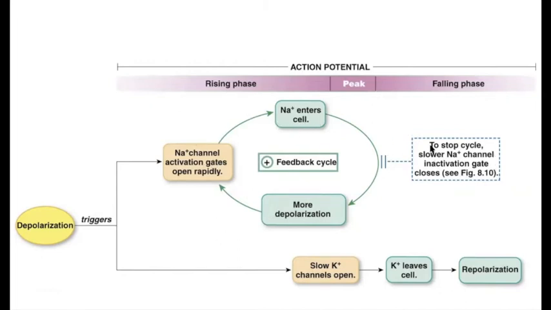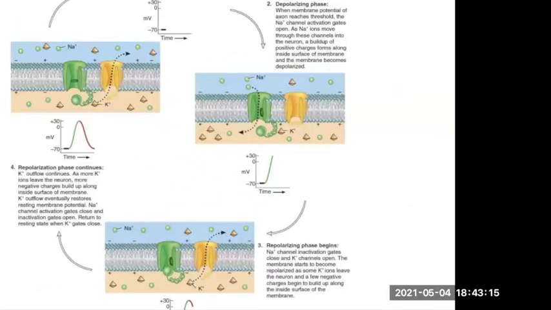And as this is happening, at any one given region, the sodium channels' inactivation gates are closing, causing the sodium to stop. But at the same time, these slow potassium channels are opening, potassium is leaving the cell, and that's repolarizing it, bringing it back toward -70.